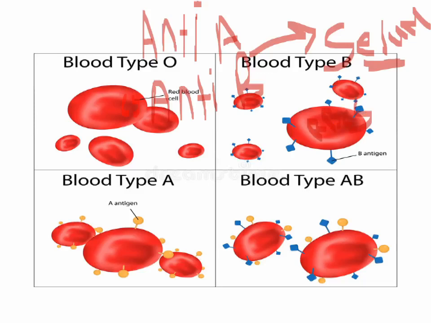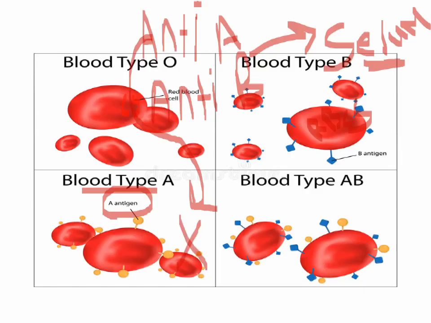So these antibodies are going to be found in which blood type? If you have blood type A, which is the red blood cells containing antigen A, do you think it will contain anti-A? Do you think you will contain the antibody against your self-antigen? Of course not.